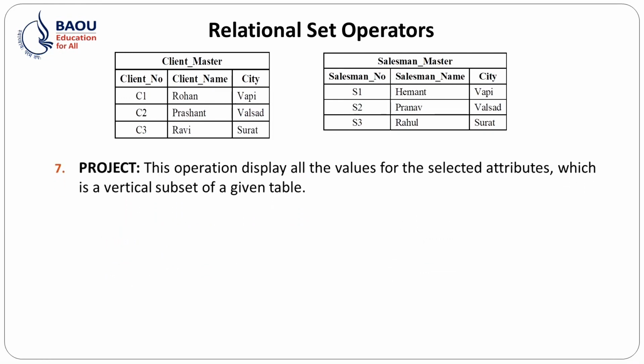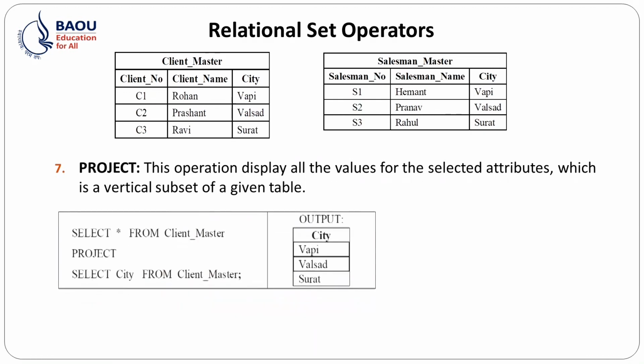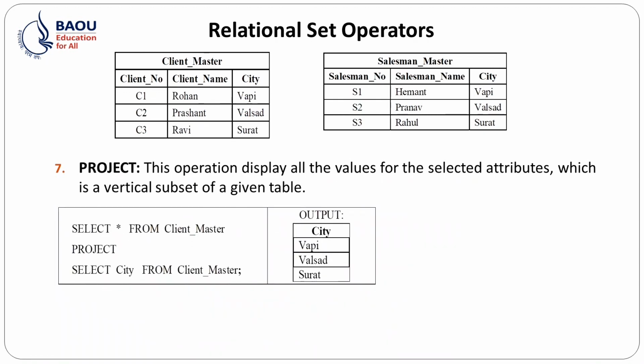Now the next one is project. This operation displays all the values for the selected attributes, which is a vertical subset of the given table. The result of the project operation is shown in the figure. Query 1: select star from client master. Query 2: project, select city from client master.